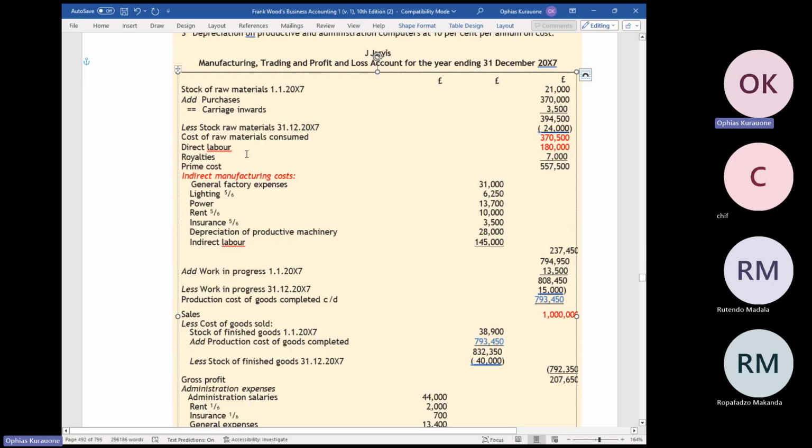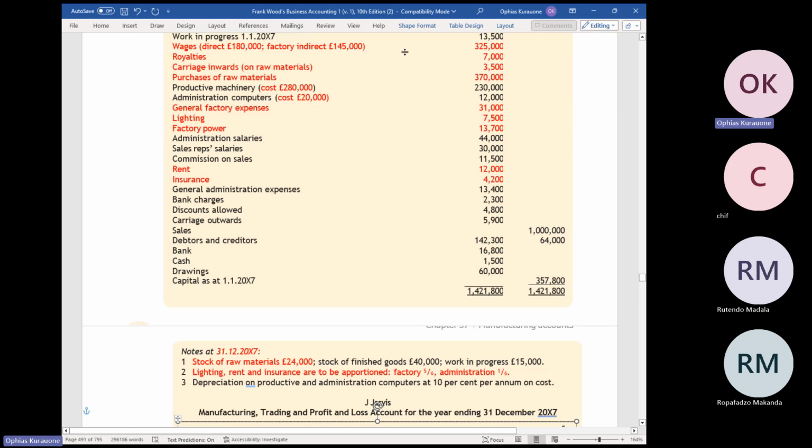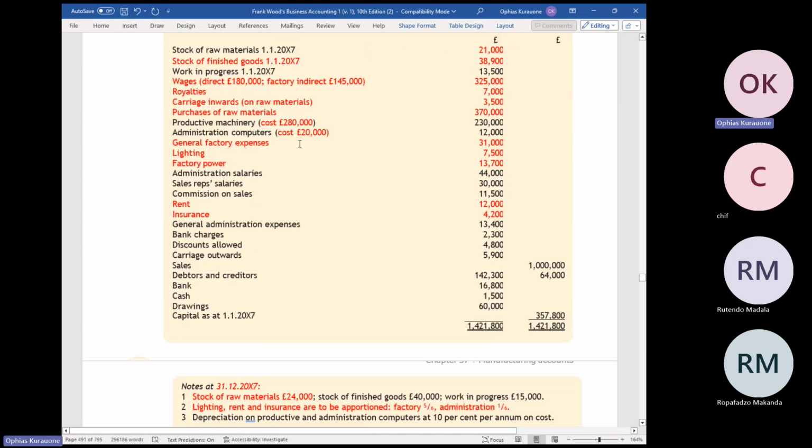Depreciation to date, because there's 10% per annum, so 10% of 280 is 28,000. We charge 10% on the cost of 280,000. That is the 10% of 280,000.